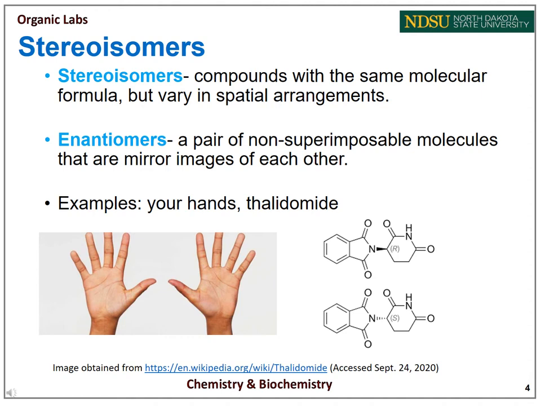Now, enantiomers are very important because different enantiomers can behave very differently. For example, in the 1950s, thalidomide was given to mothers for morning sickness. Yet, while one enantiomer treated morning sickness, the other enantiomer resulted in the babies having physical deformities in which they were missing arms or legs.